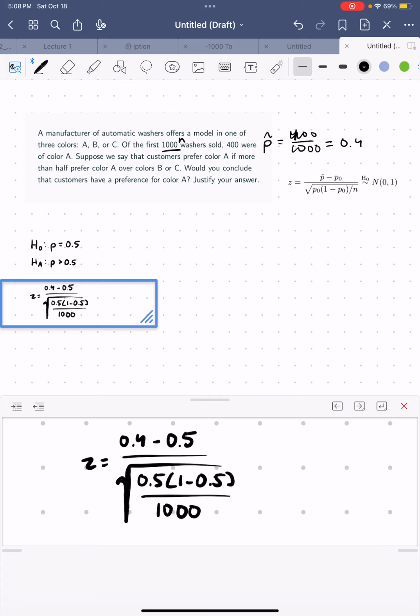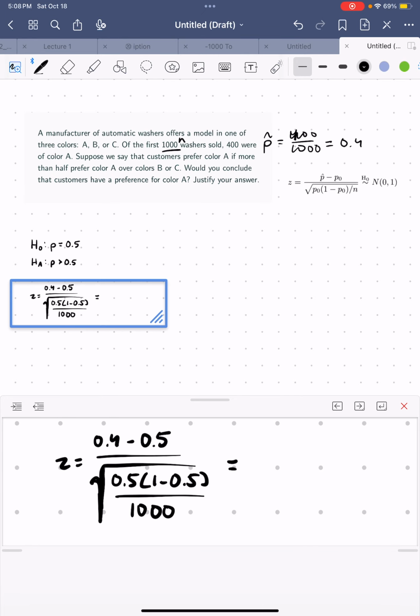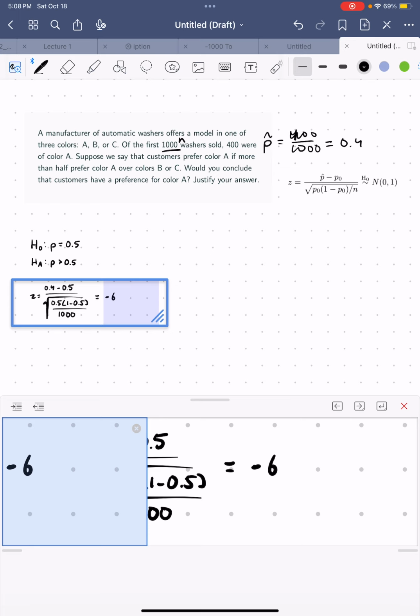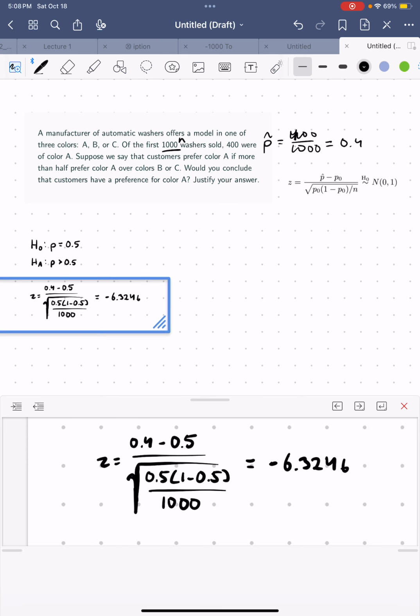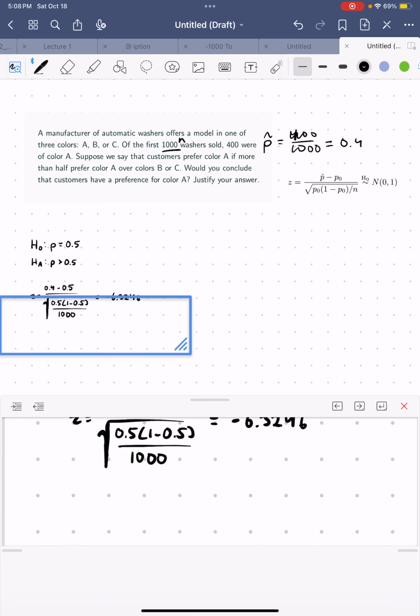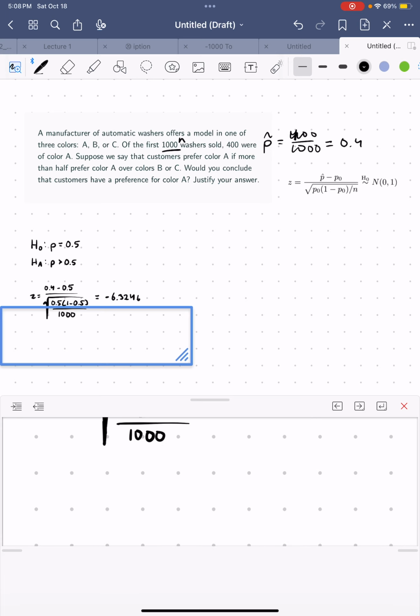And all of this is in the square root. And if we solve this, we get our z value of negative 6.3246.